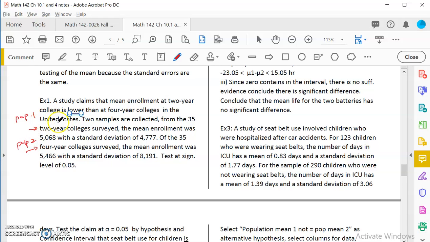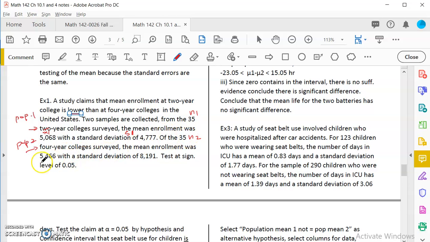Because this is population 1, let's look at the summary. They sample 35 colleges, so that would be n1. They also sample 35 4-year colleges, that's n2. The mean enrollment for the first sample is x1 bar, and this is s1.